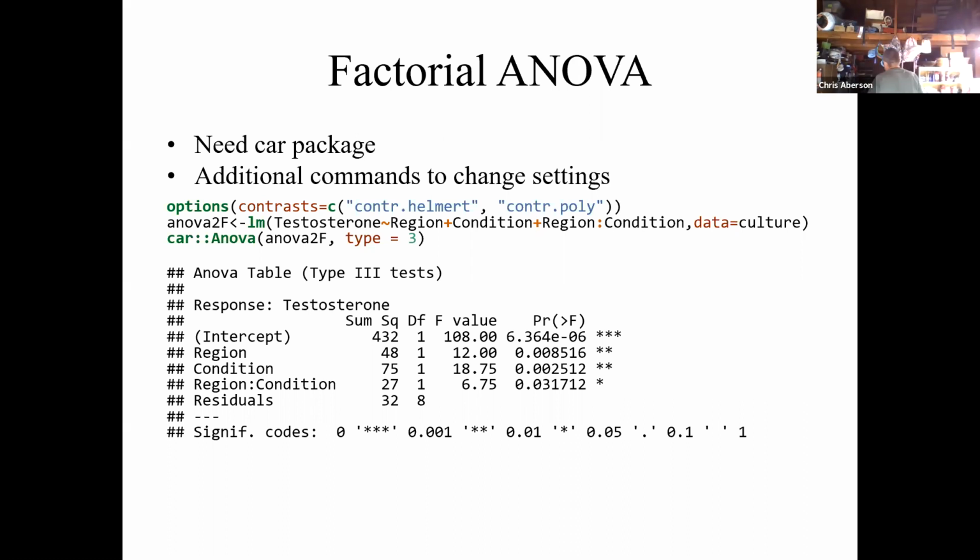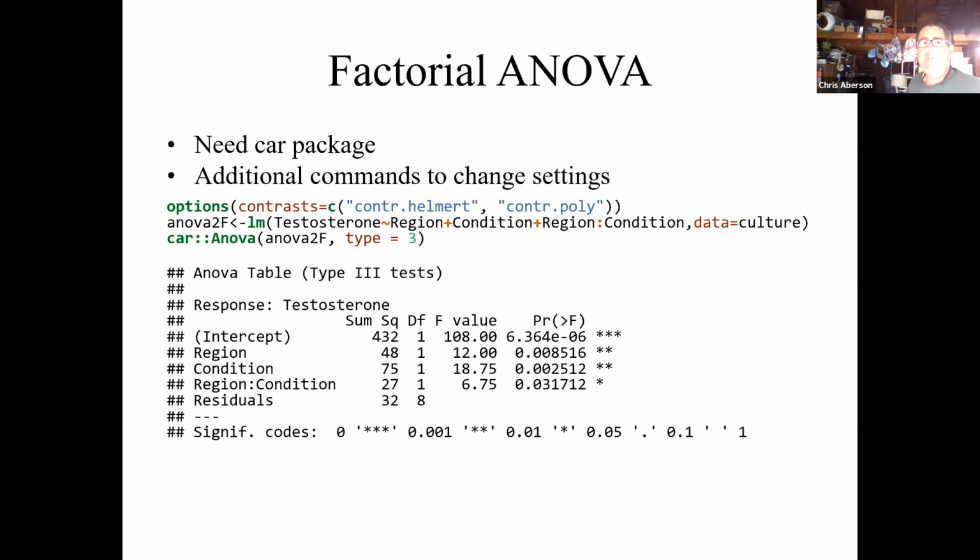So when other fields use tools like ANOVA, they tend to use them in a way that makes estimates in situations where we're assuming no interaction. We're really interested in the interaction, so I have to change a couple of the settings here. That's what this options command does, is it changes the default setting to something that's appropriate for the type of ANOVA that we want to use.